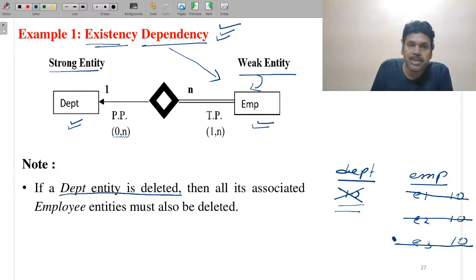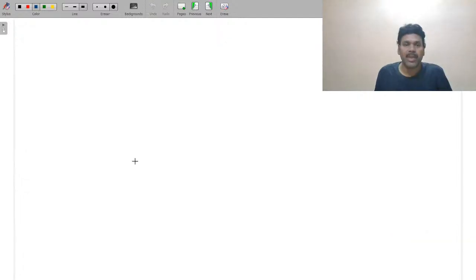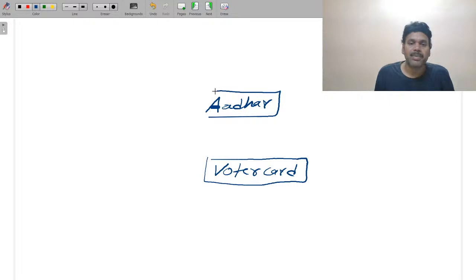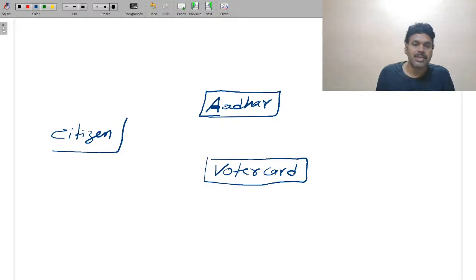Let me give one example here. For example, this is your Aadhaar and this is your voter card. So we have a voter card database and we have other databases. Not only these two, many databases are there which depend on the citizen data type. We are all citizens.